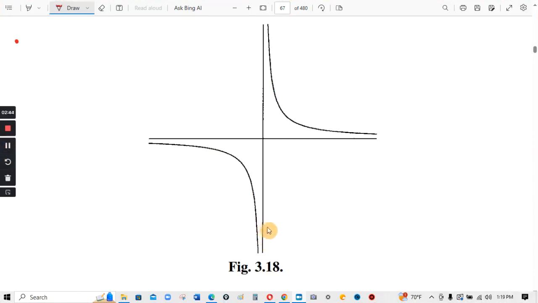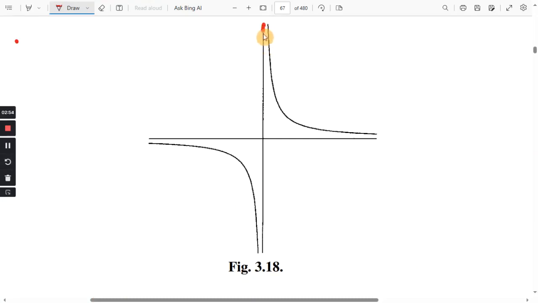So look at figure 318 right here. We have these two curves. If you took this curve and you folded this graph paper along this axis over here, this curve would appear like so.